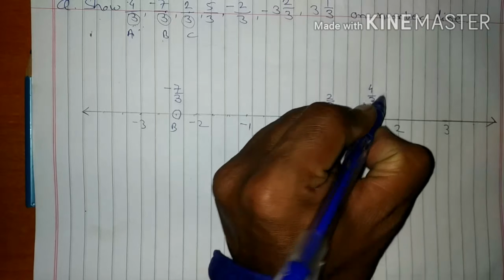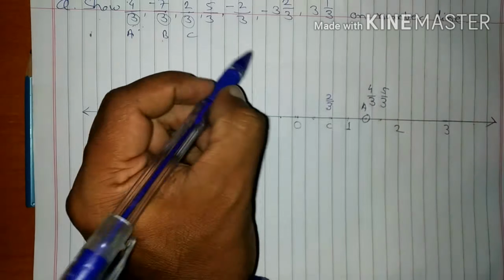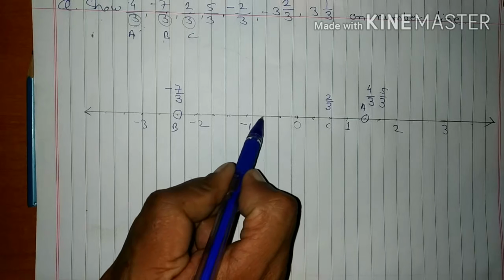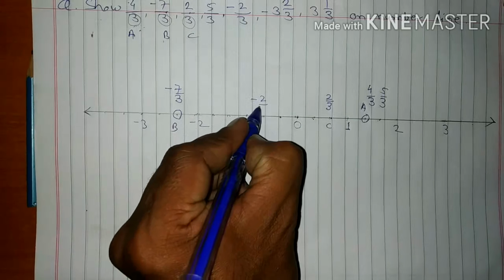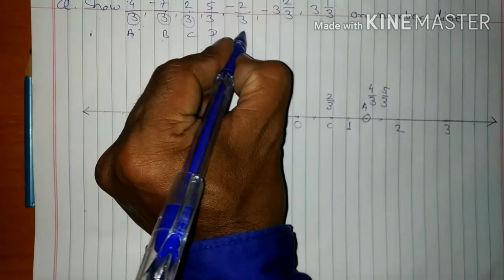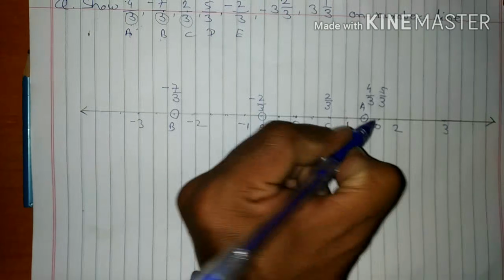After 4 upon 3 there is 5 upon 3. Then minus 2 upon 3: 0, 1, 2, negative side, minus 2 upon 3. D, E, this is E, this is D.